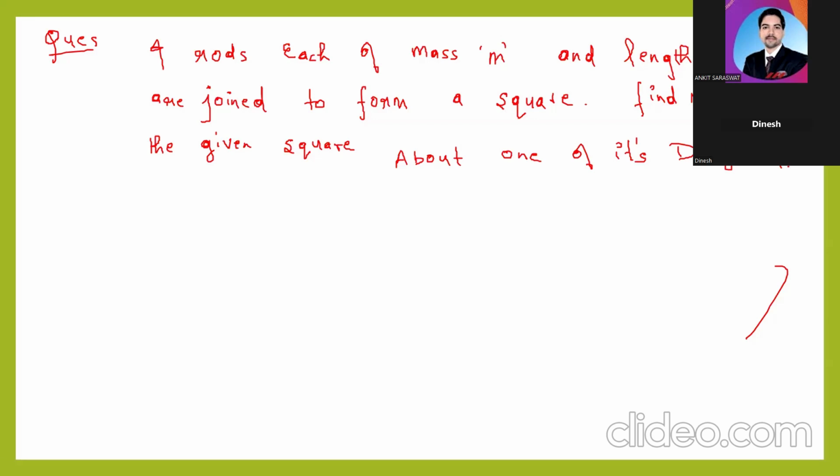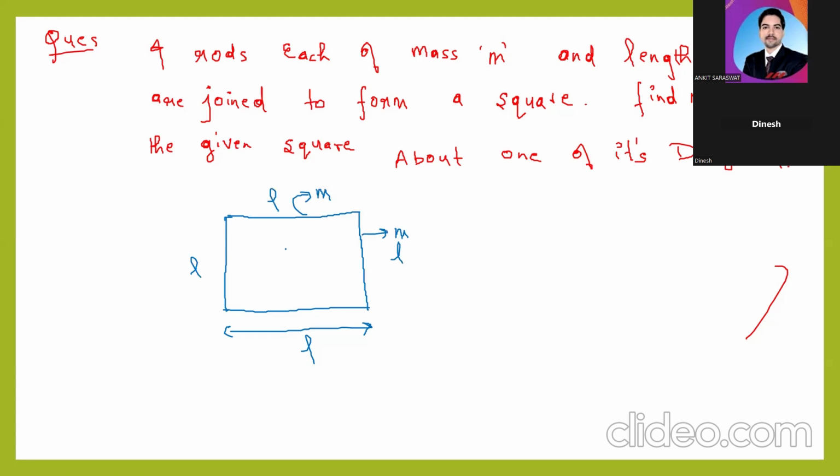Simply, if you ask me how to draw the diagram, I will draw 4 rods. Each rod has mass m, length L. Every rod has mass m, and its length is L. What I am asking: find the moment of inertia of the given square about one of its diagonals.